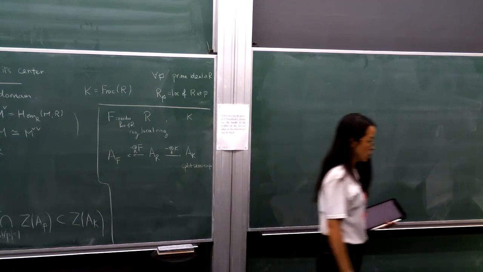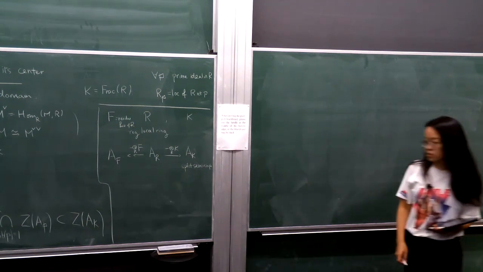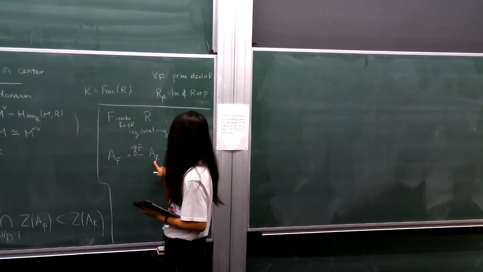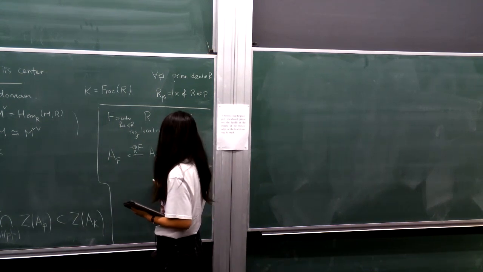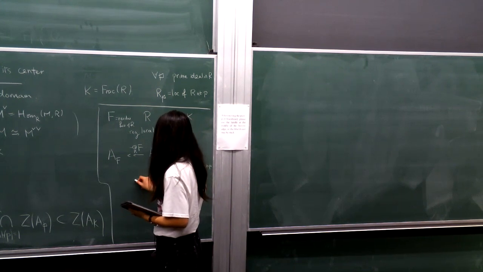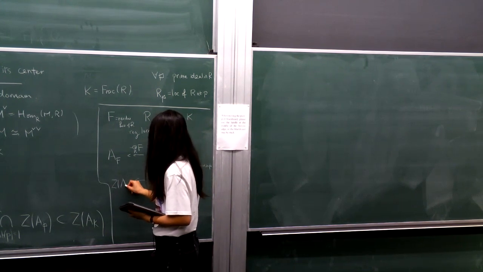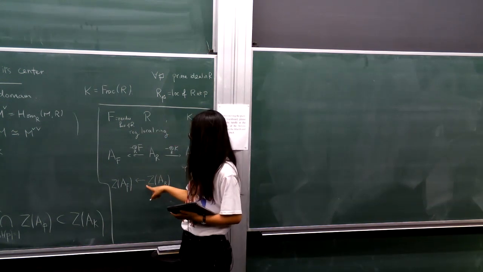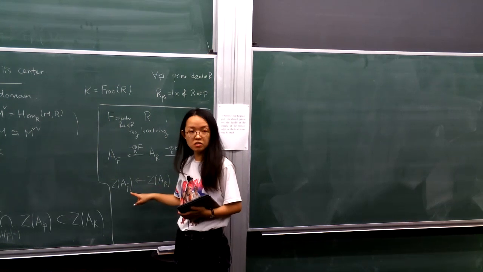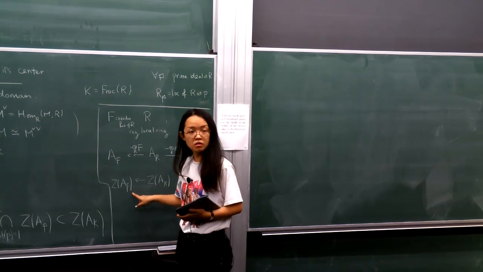But one remark which is kind of important in this business is that you have a surjective map like this. So it gives you a map from the center of A_R to the center of A_F. Because this is surjective. But this map is not necessarily surjective.